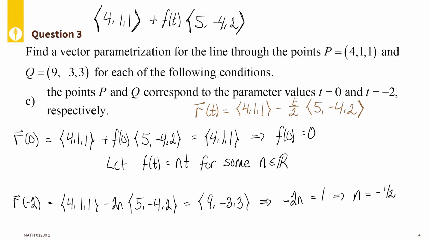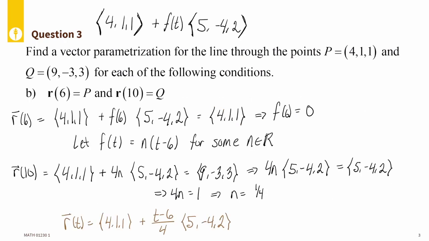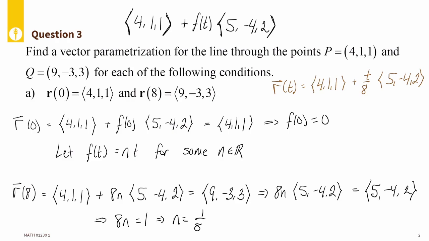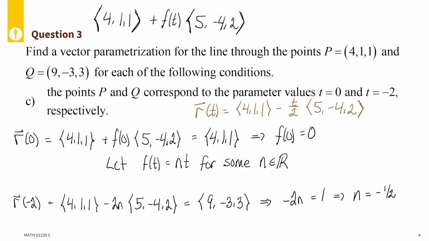Keep in mind, all three are the same line. We're just now deciding how do we want to define what we multiply that second vector by to guarantee the specific value of t representing this specific point. But they're still all the same line.